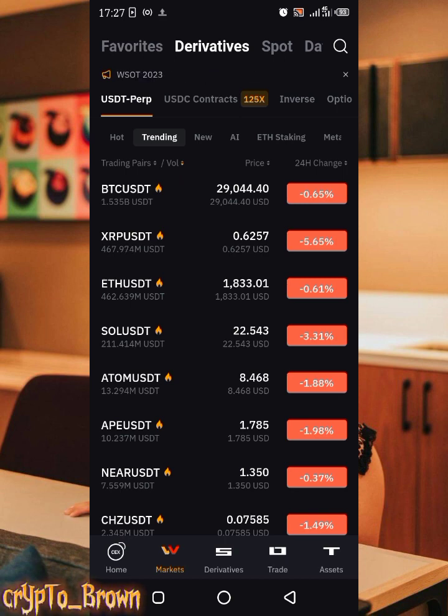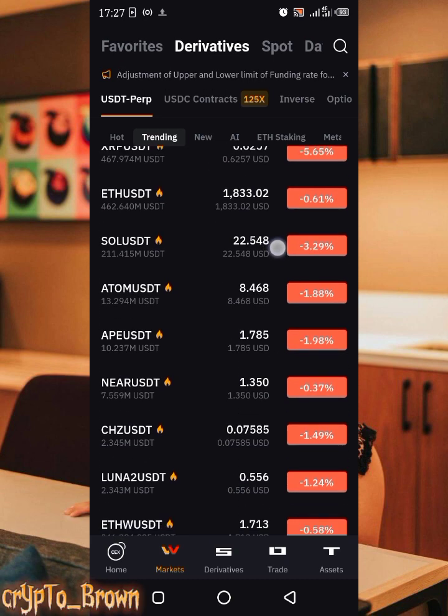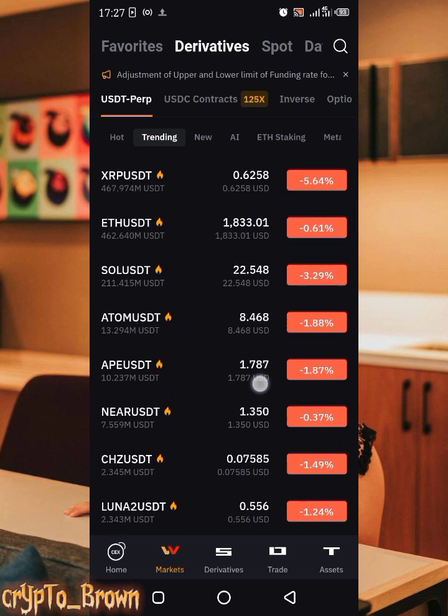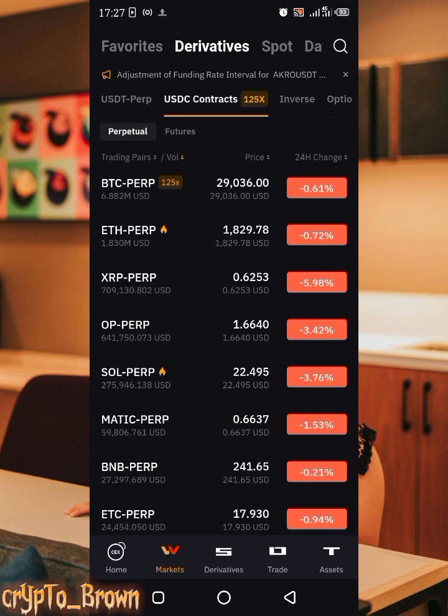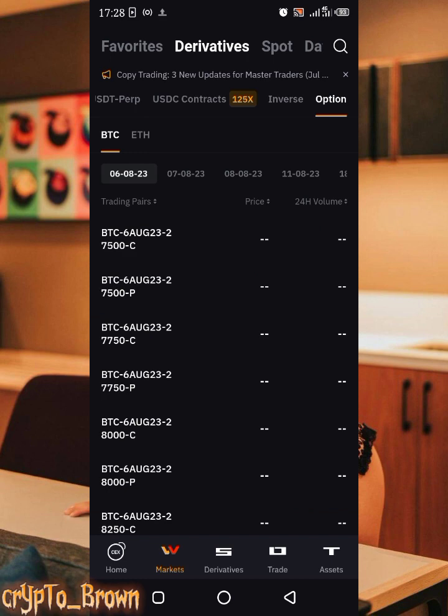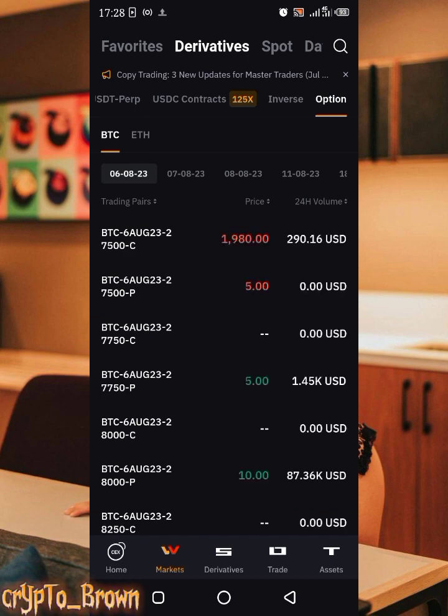At the market tab, you see USDT perp, where these are perpetual contracts, and you can see USDC contracts, with BTC being the one which you can leverage higher, up to 125. You have inverse as well as option trading. Option trading is far different from perpetual futures.